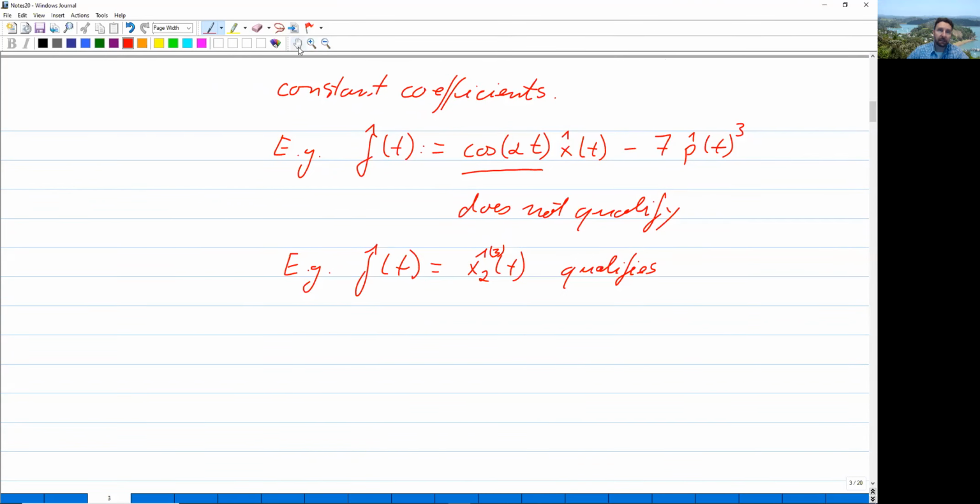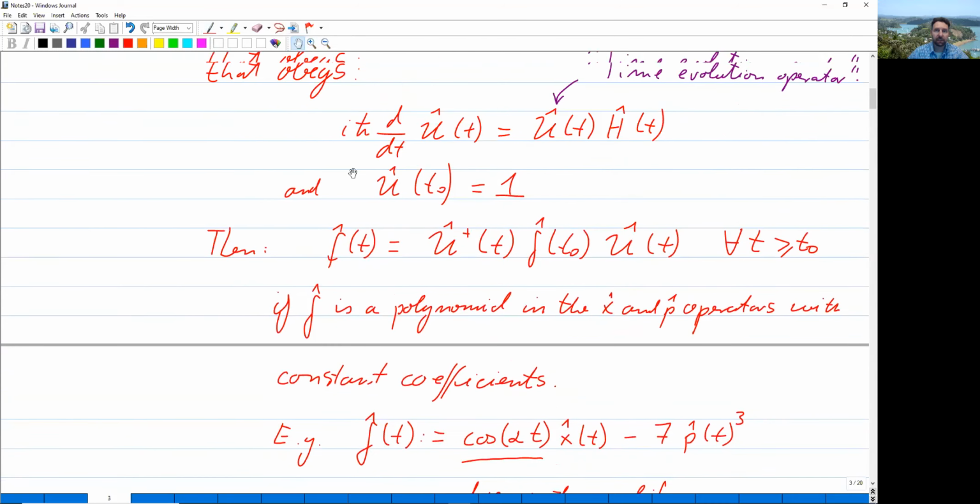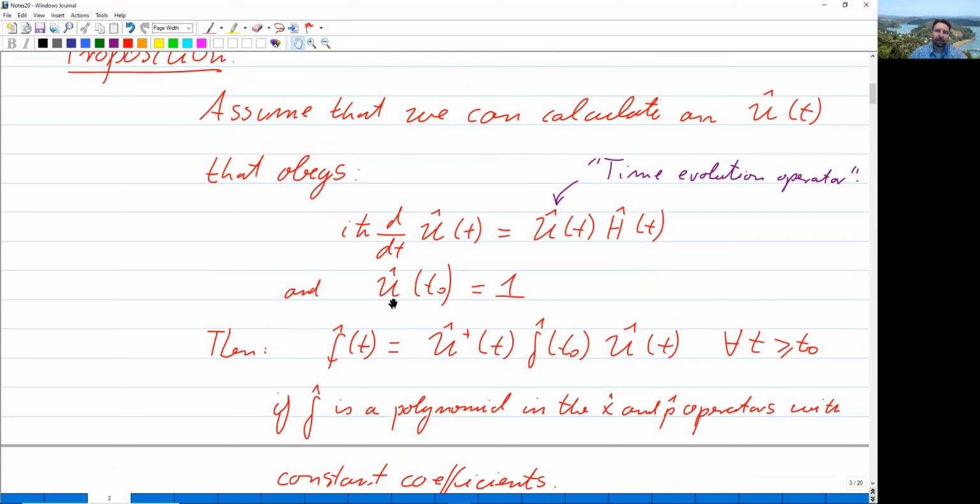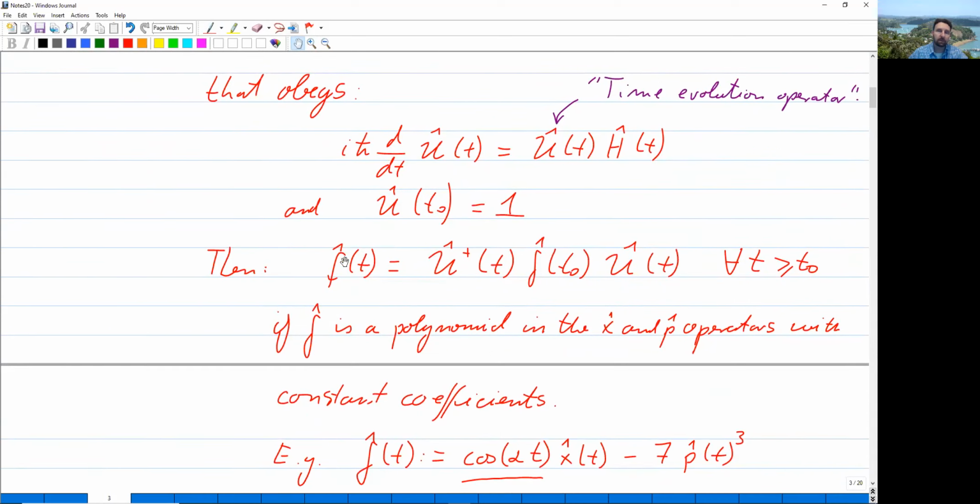So the claim of this proposition is that if only we can solve this differential equation to obtain a time evolution operator u hat of t, then for all observables in which we haven't artificially built in some extra time evolution, so for all normal observables, we have that their time evolution is given by this expression.